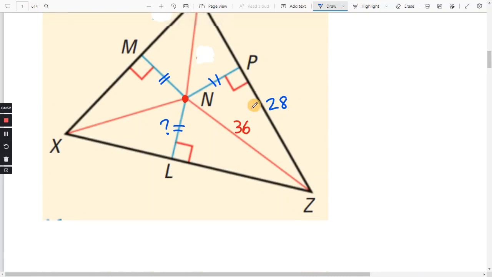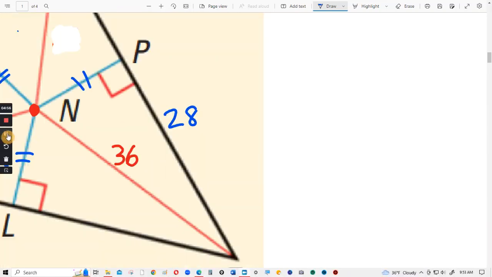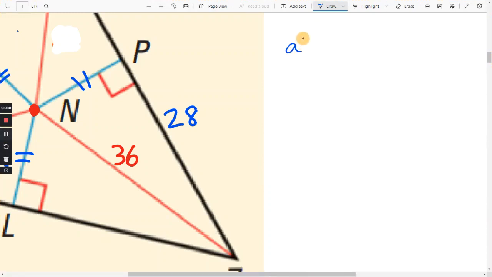So we just want to use the Pythagorean theorem right here. Okay, so we can just use a squared plus b squared equals c squared. And c is always the hypotenuse. It's always across from your right angle. So this side here is always going to be c.